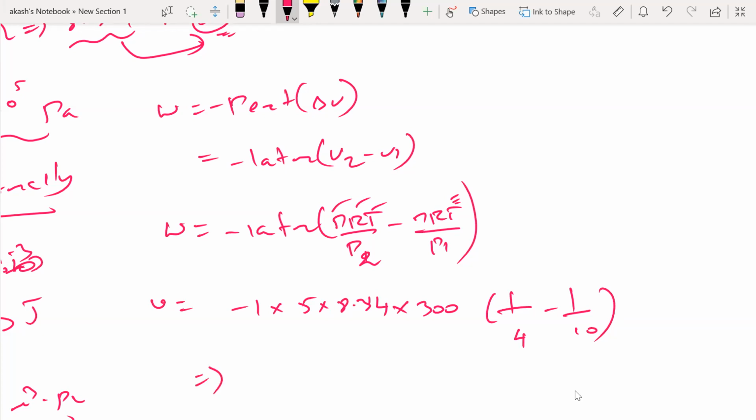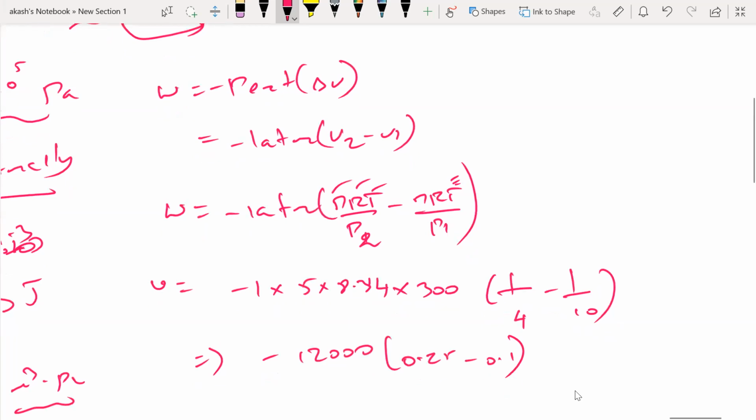So what will be the answer? It is minus of 5 into 300 is 1500. 1500 into 8 will be approximately 12,000. 1 by 4 is 0.25, 1 by 10 is 0.1, so the difference is 0.15.